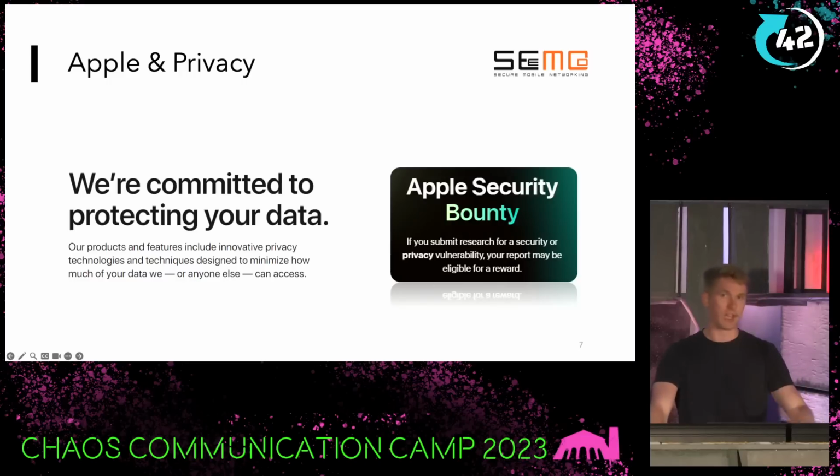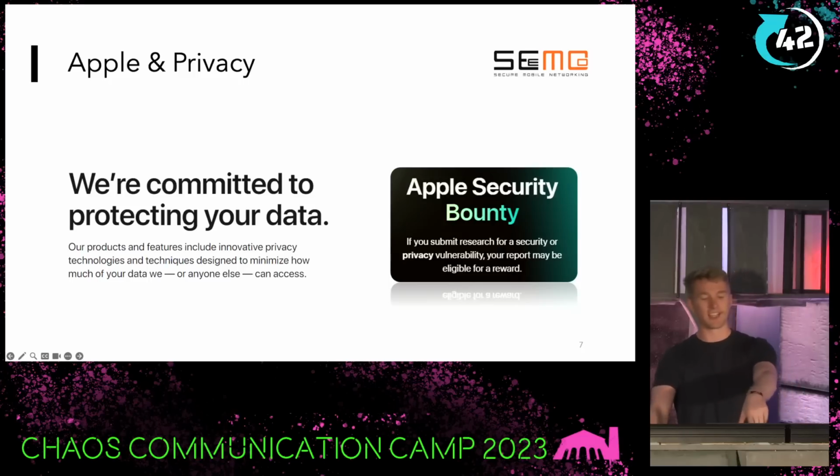In the context of Apple and privacy, they are currently strongly emphasizing privacy in all their devices and services. For example, they introduced their App Tracking Transparency, which was very famous in media. They also have a bug bounty program called the Apple Security Bounty.